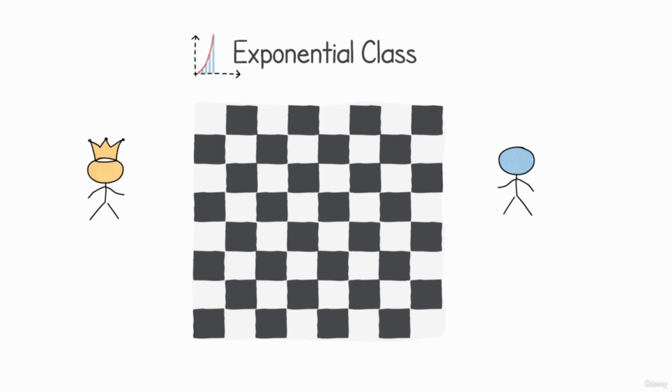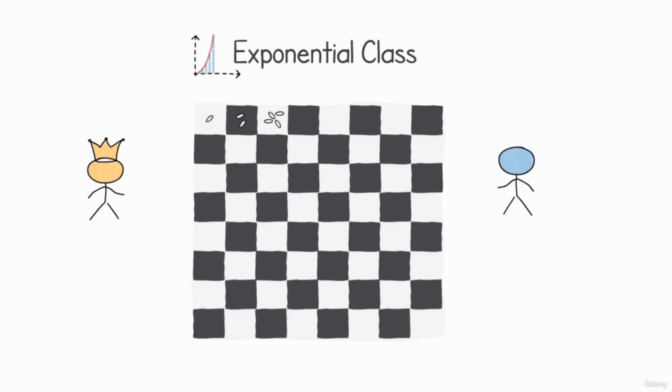This inventor asked for a very simple thing. He wanted rice to feed his family. He asked for the king to give him the equivalent of rice if one had to put a single grain of rice on the first square of the chessboard. Then you double it and you put 2 grains of rice on the second one, and then you put 4 on the third one, and so on.